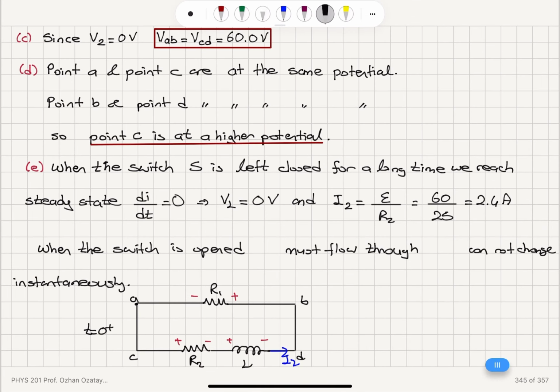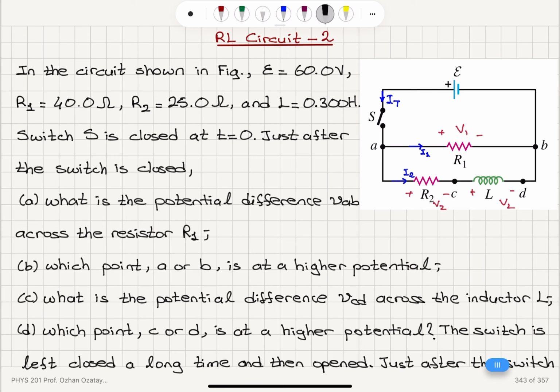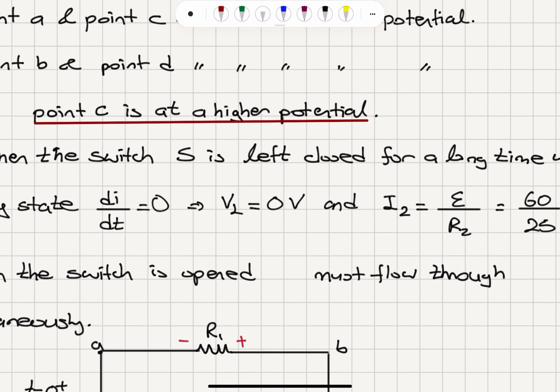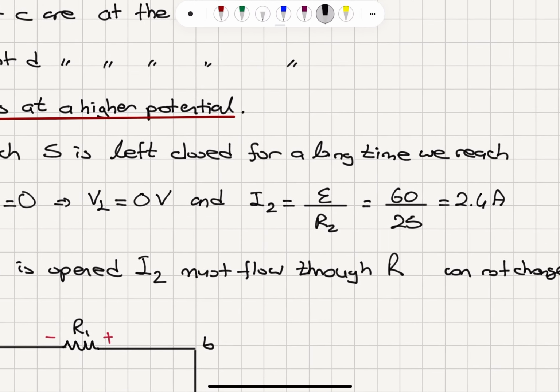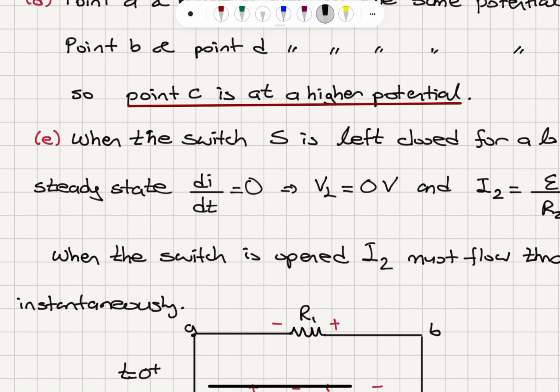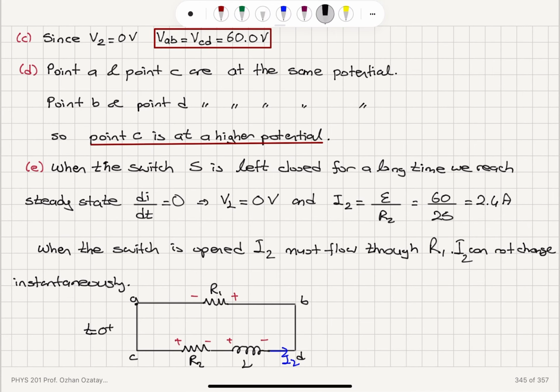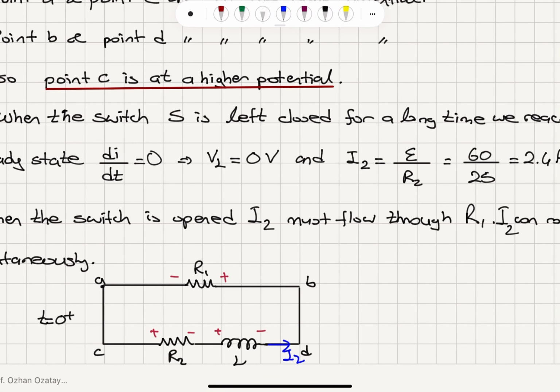And when the switch is opened again, this steady state value of I2 must also flow through R1. It's going to complete the circuit like this. When the switch is opened, I2 must flow through R1, and I2 cannot change instantaneously, since it's the current through an inductor. So what we have now is this equivalent circuit, R2 and L. I2 flows through this circuit.